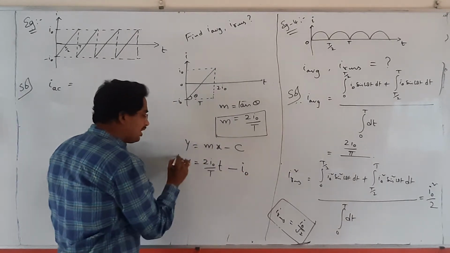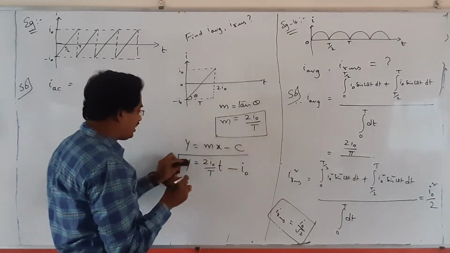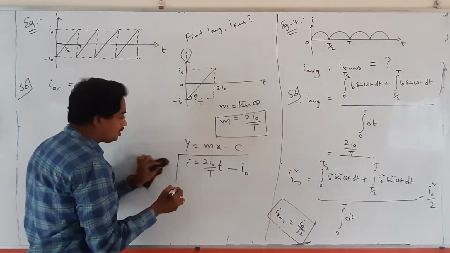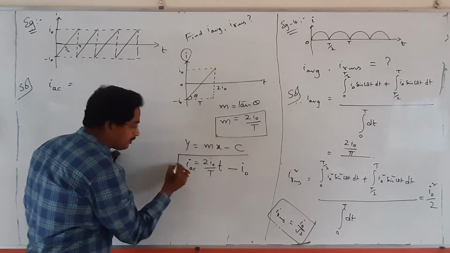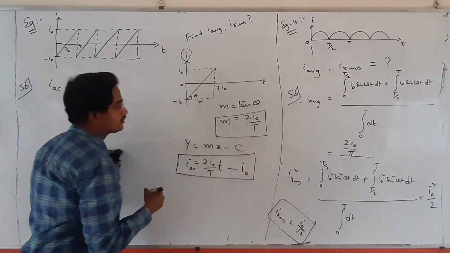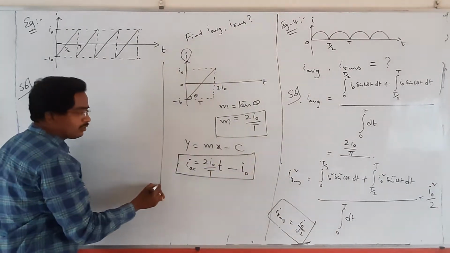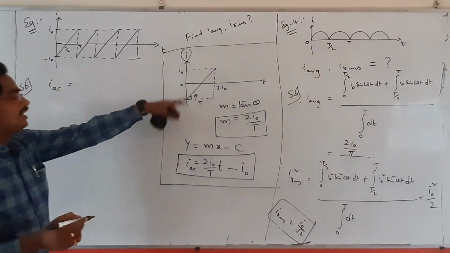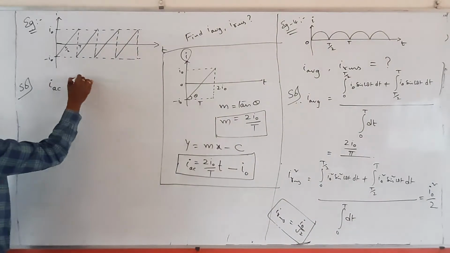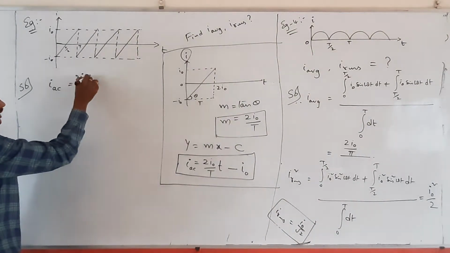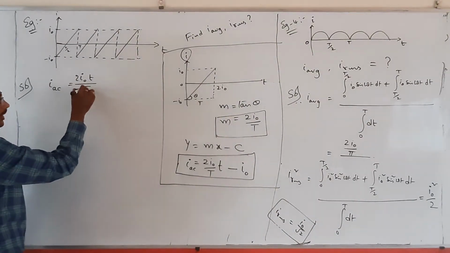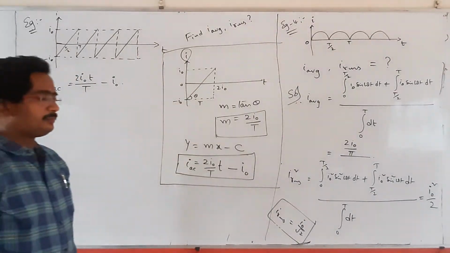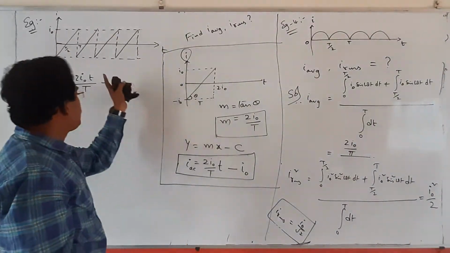So this is the formula for current I, where y means I. So this is the IAC formula. Like this, we are going to write it: IAC equals 2 I naught t by T minus I naught.